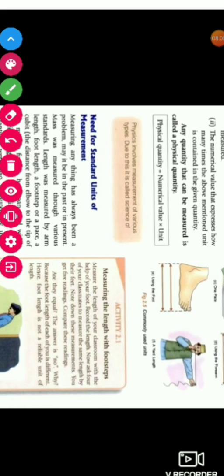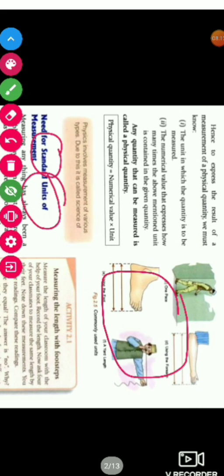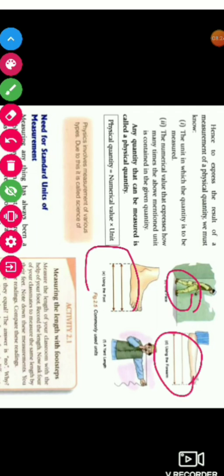One pace is nothing but a step taken by any person, and people used to measure how many paces they had taken. They also used the forearm, the foot, and the yard. You might have seen, if you go to a shop to buy thread to fly a kite, that earlier they used to measure it with the hand yard.